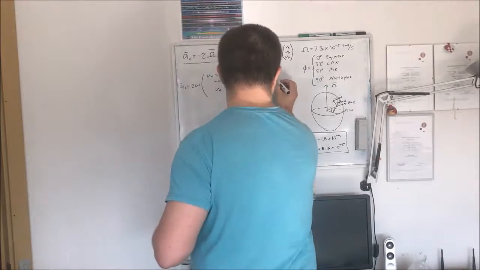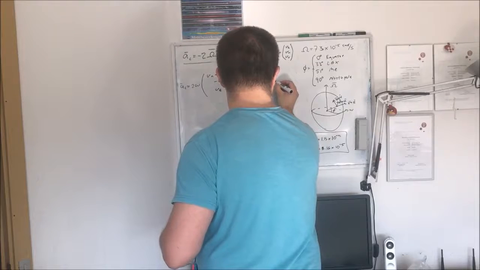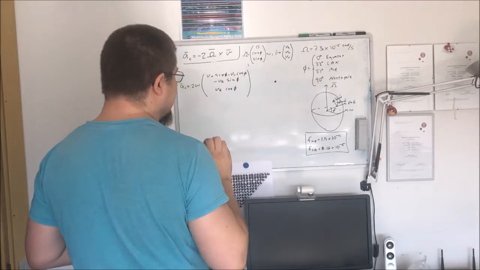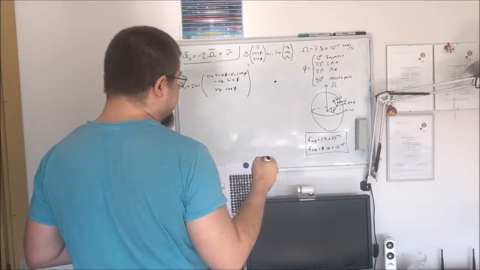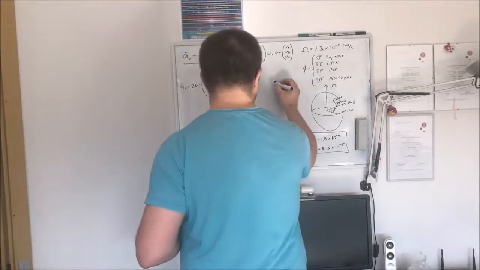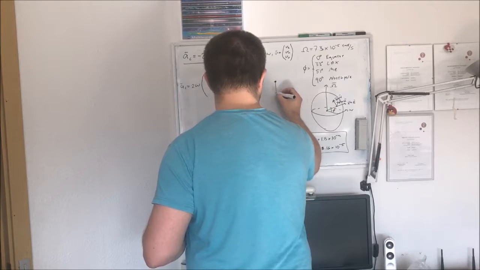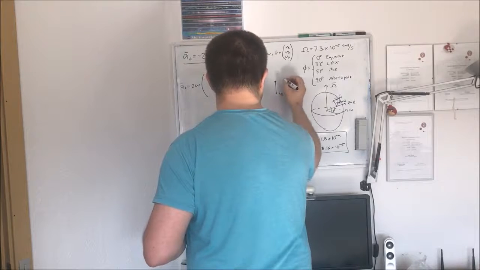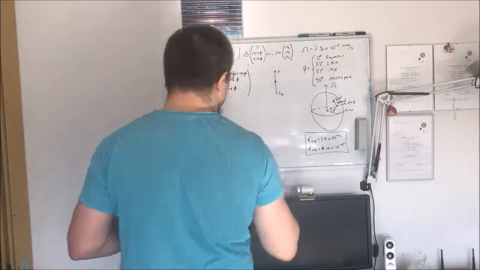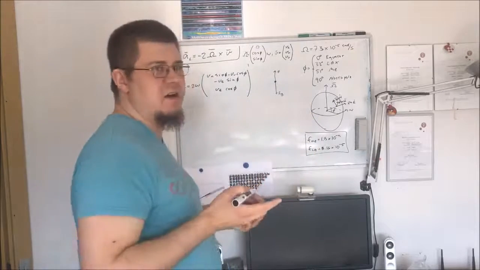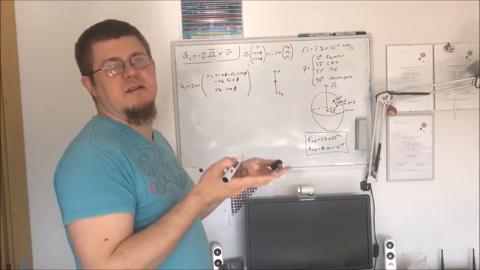So with an airplane, I'm just going to make it as a dot. When an airplane is on the ground, standing still or not moving, we have just one force, the force of gravity. And then we have the force of the wheels and all that keeping the plane up.